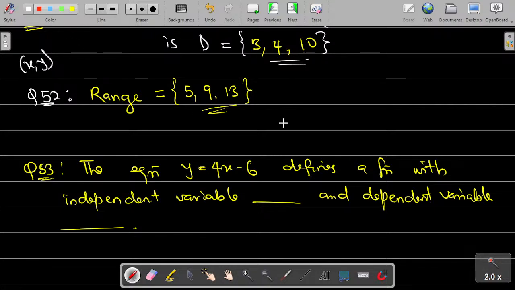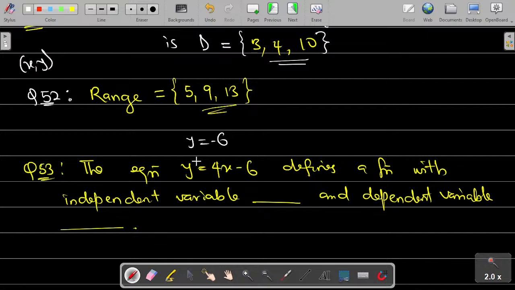If you have y equals 4x minus 6, you can see that your y is a function of x. That means your y depends on x. The values of x here will determine the values of y. For instance, if I say let my x be 0, it means that my y is going to be minus 6. So I would need the value of x to get that of y.